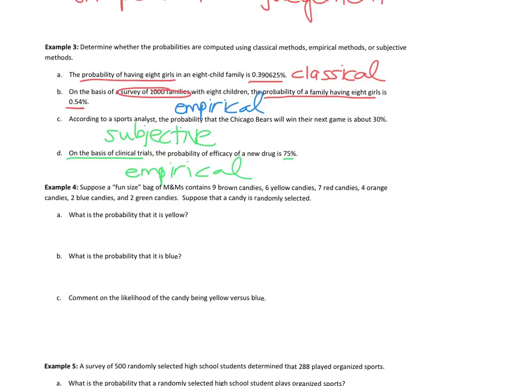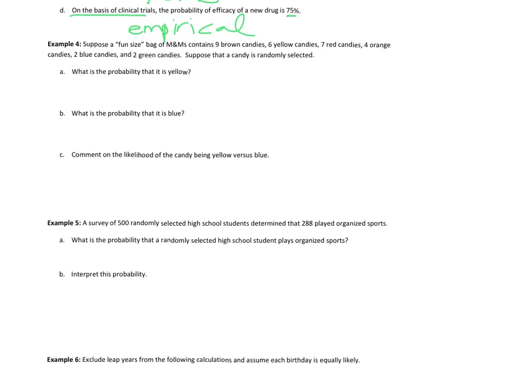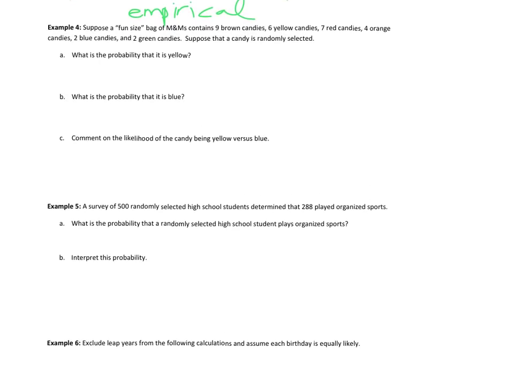All right, let's look at our next example. Suppose a fun-sized bag of M&Ms contains 9 brown candies, 6 yellow, 7 red, 4 orange, 2 blue, and 2 green. Suppose a candy is randomly selected. What is the probability it is yellow?